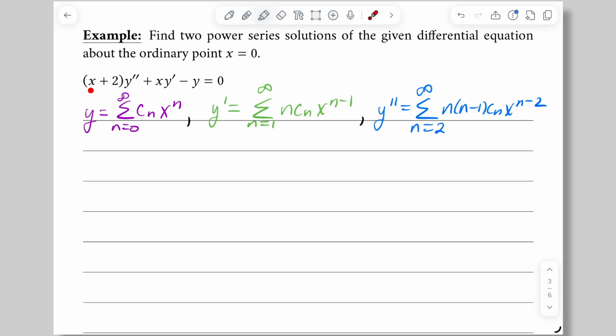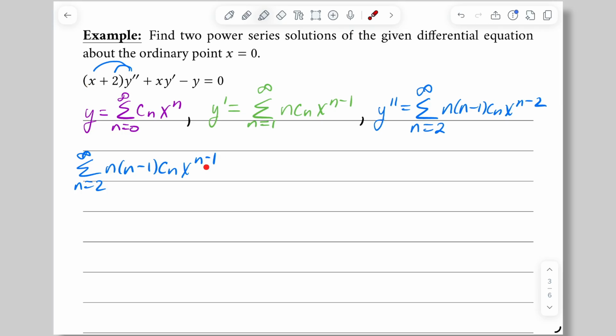For now, what we have is a binomial x plus 2 times y double prime. The way we're going to handle that is distribute the y double prime to x and then to 2. That's going to look like this. The sum as n goes from 2 to infinity of n times n minus 1 c sub n x to the n minus 1, because we're supplementing the x to the n minus 2 with one factor of x.